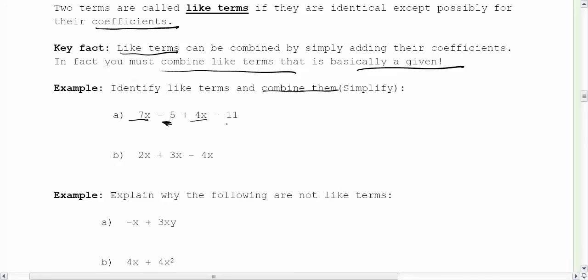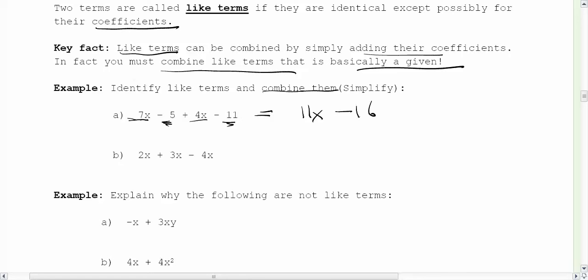Minus 5 and minus 11 are like terms. You combine like terms by adding their coefficients together. So 7 and 4 is equal to 11x. Minus 5 minus 11 is minus 16.